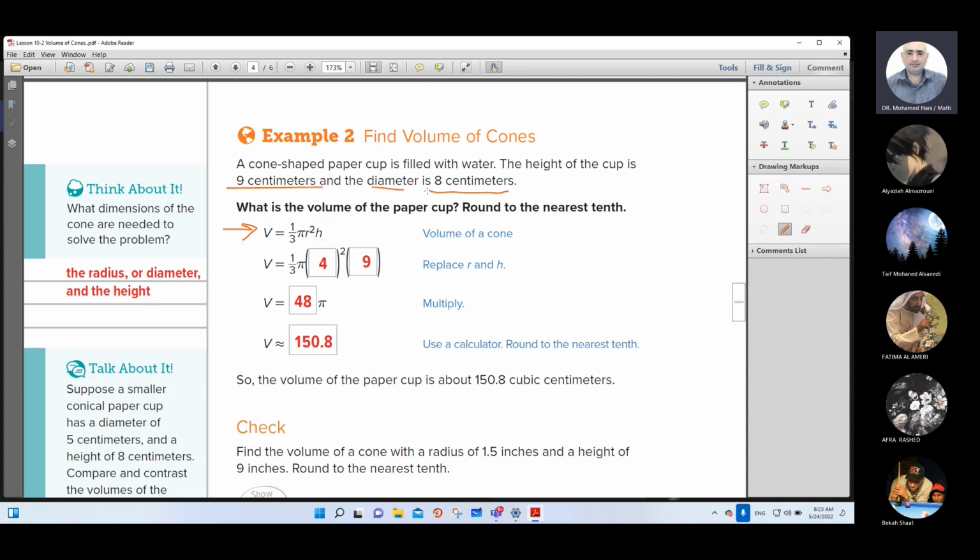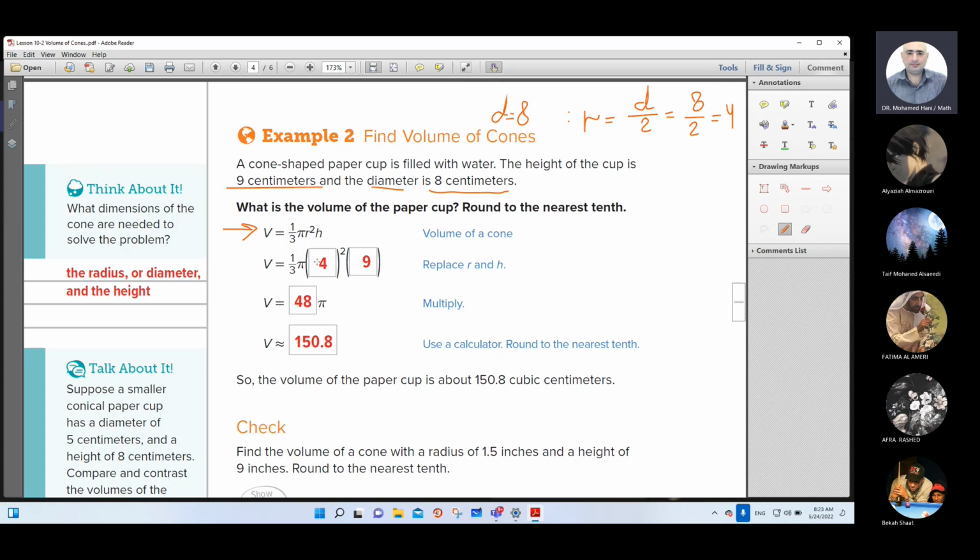As you see, we have the diameter 8. D equals 8. And as you remember, the radius equals half of the diameter, means d divided by 2, means 8 divided by 2 equals 4.